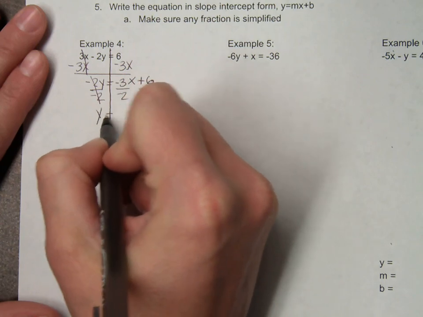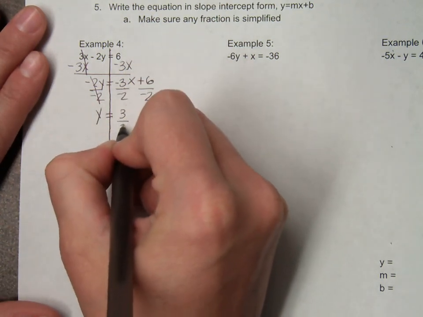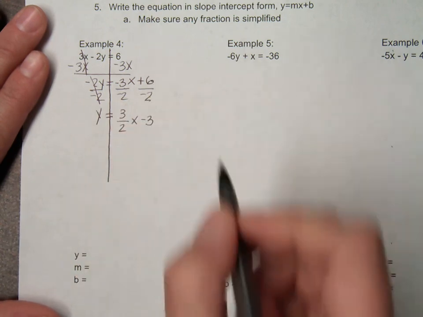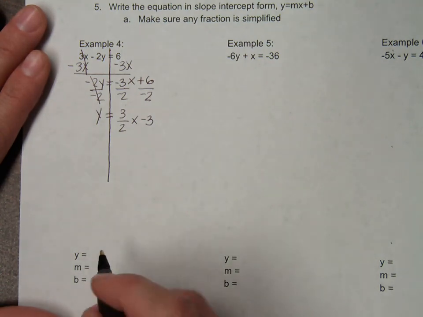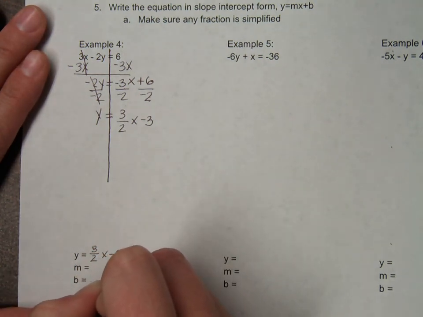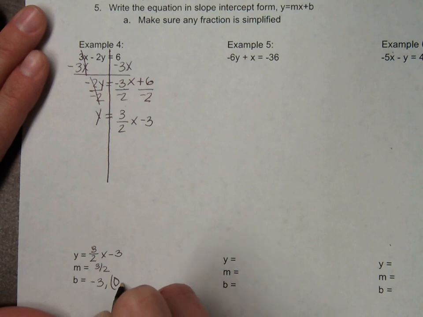That gives me y equals negative 3 over negative 2, which is positive 3 over 2x, and 6 divided by negative 2 is negative 3. So I write my slope-intercept form: y equals 3 over 2x minus 3. My slope is 3 over 2. My y-intercept is negative 3, and we can also write that as (0, negative 3).